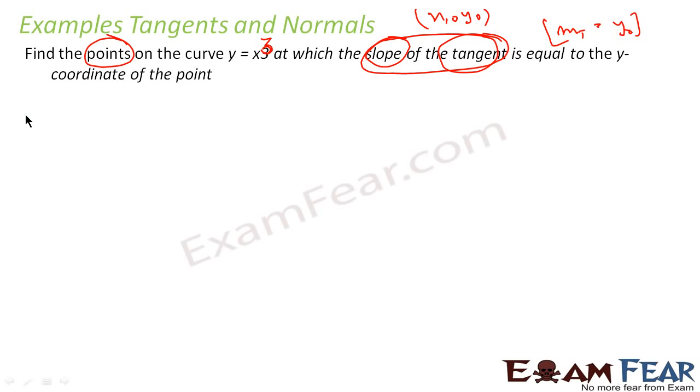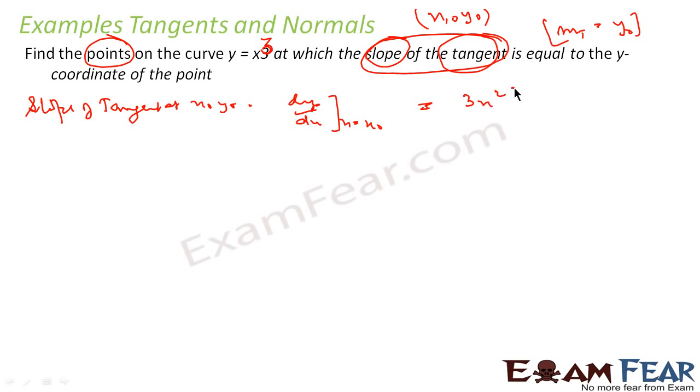So if you see the slope of tangent, the first thing we'll do at x naught, y naught is nothing but dy by dx at x is equal to x naught. If you see, y is equal to x cube, dy by dx is nothing but 3x square at x is equal to x naught, and that is nothing but 3x naught square.